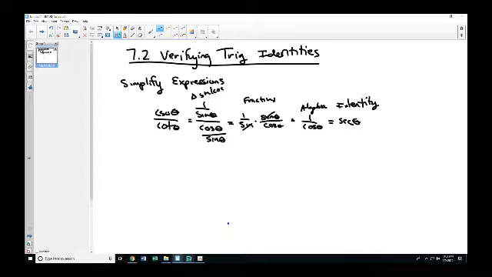Here's how we verify identities. It might say something like prove cosecant theta over cotangent theta equals secant theta.